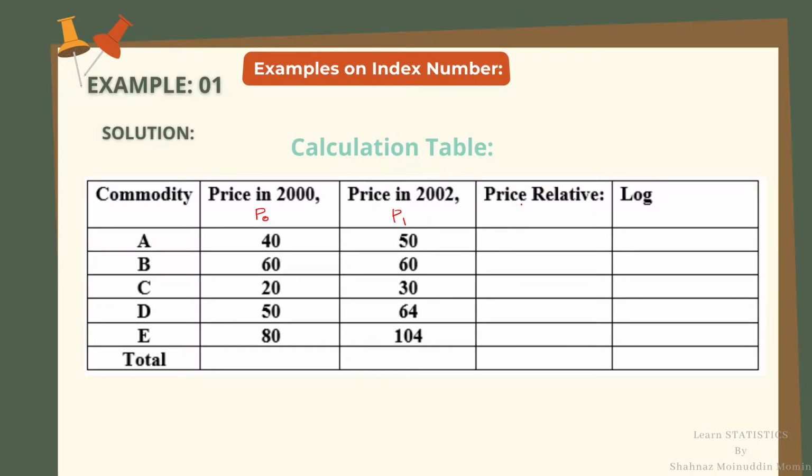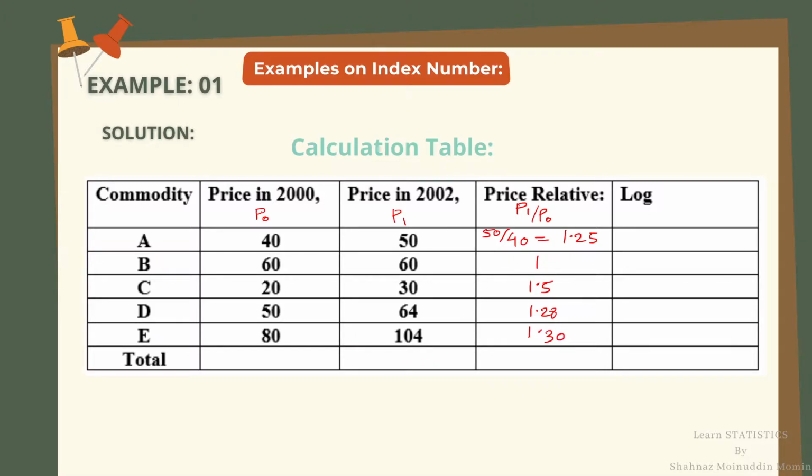So we shall start with calculating the price relatives, which is given by P1 upon P0, that is the current price divided by base year price. So first value is 50 divided by 40 and it is 1.25. Similarly, next is 60 upon 61, 30 by 20, 1.5. Like that, the other values are 1.28, 1.30.